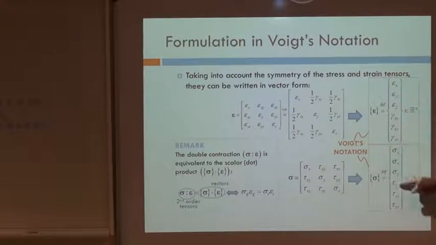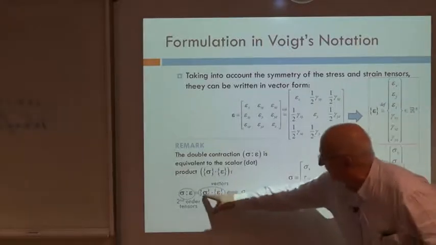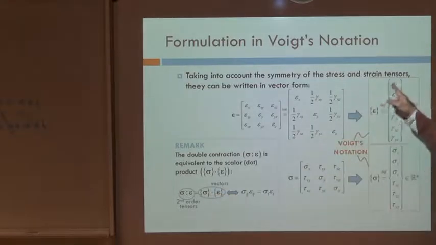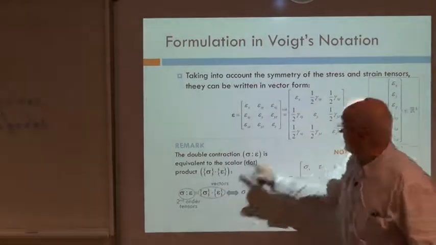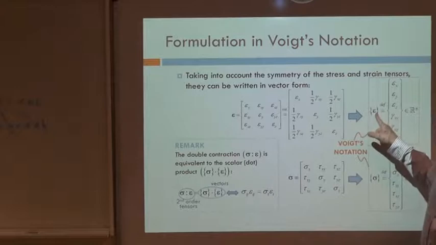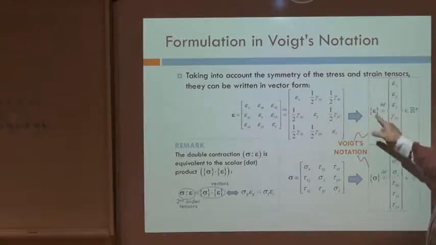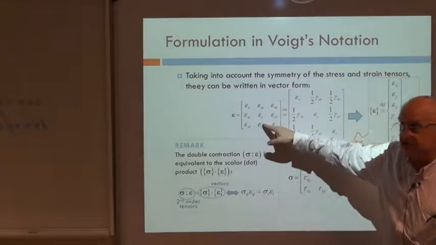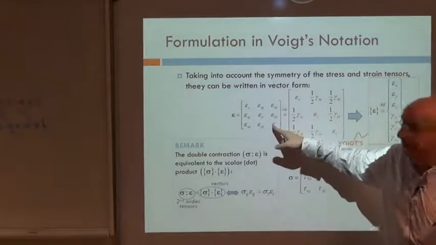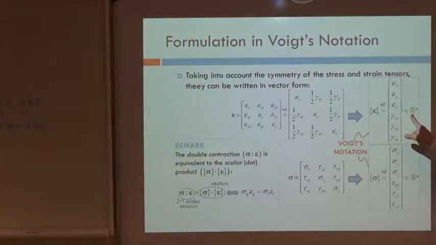So the product of this vector is this component times this, plus this times this, plus this times this. This is what we call the single contraction. So the single contraction of these 2 vectors, vector of a strain, which is denoted by these brackets I put here to emphasize it, and distinguish that from that. This is a tensor in R3, that's a vector in R6.